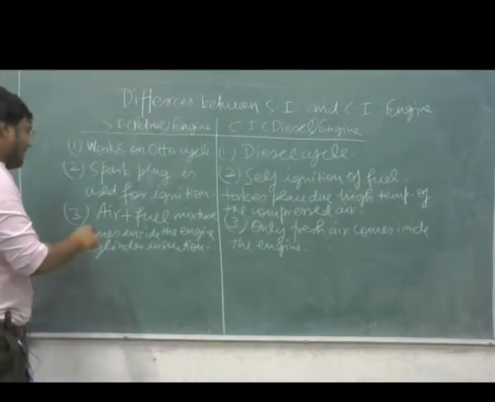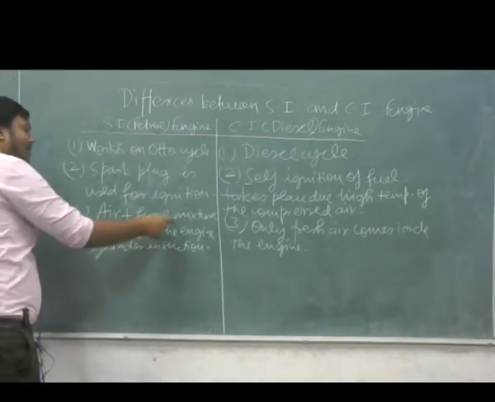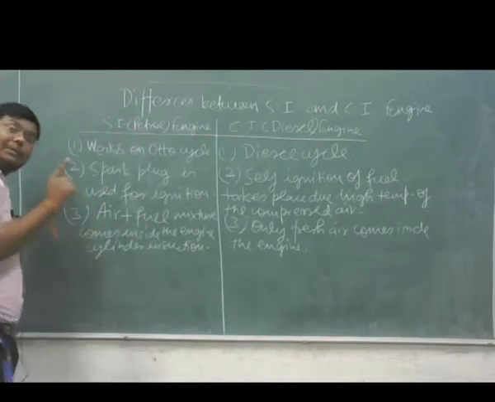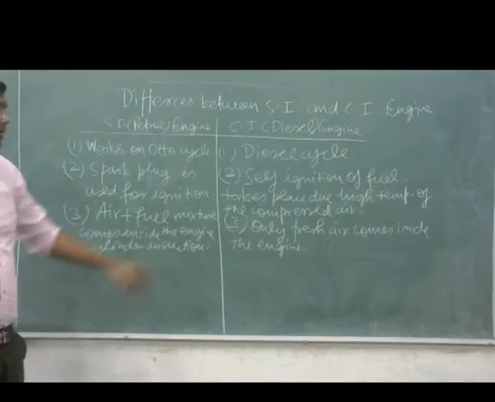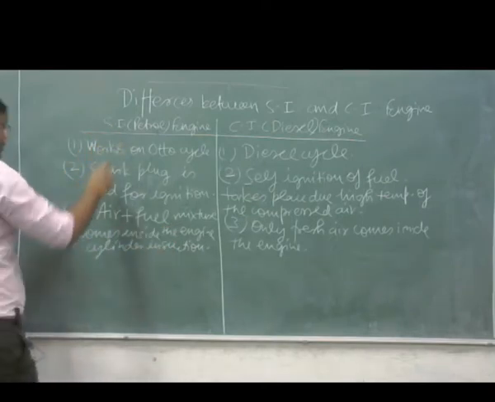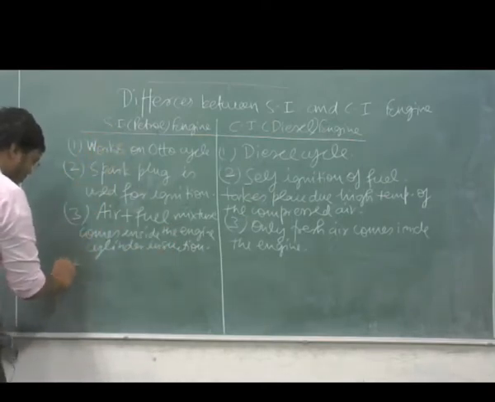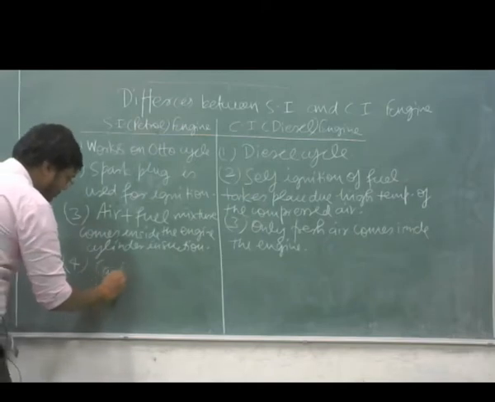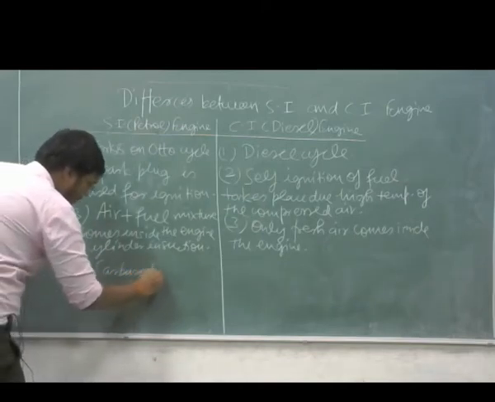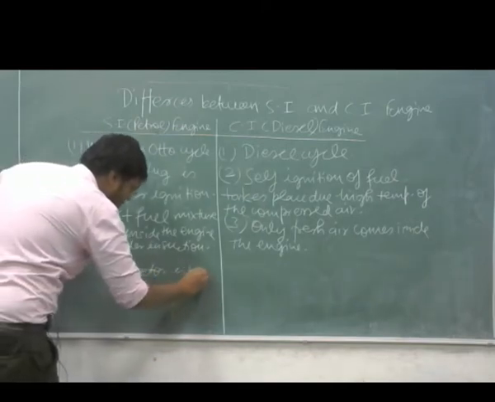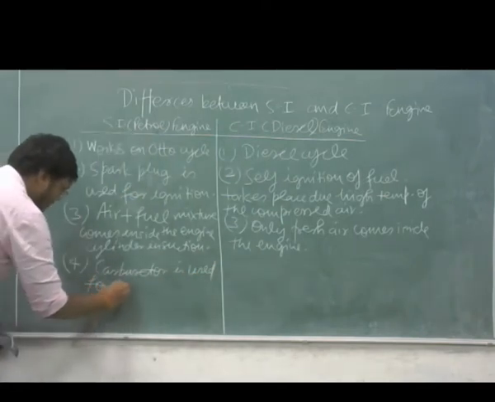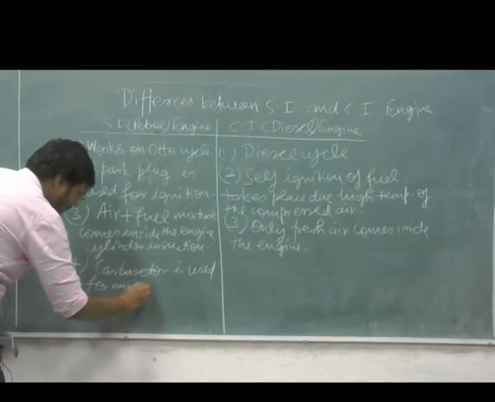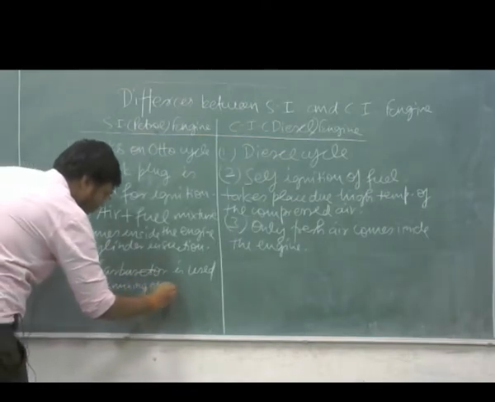Now, as here we are using an air fuel mixture, for preparing this air fuel mixture we need to use a carburetor. So in SI engine, the carburetor is used for mixing of air and fuel.